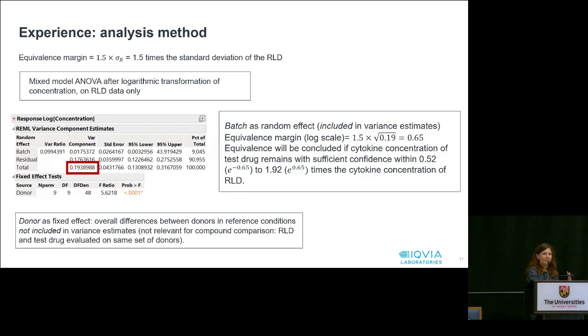Of course, it's much more natural for us to think on a natural scale, so we can back transform these limits on a log scale by exponentiating, so you get something that makes sense for us. So in this case, for instance, it's of course simulated data, but here we would say that the products can be considered equivalent as long as the cytokine concentrations are not more than around twofold different between the RLD and the test drug.